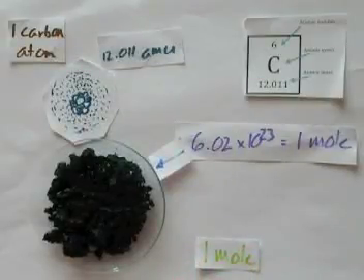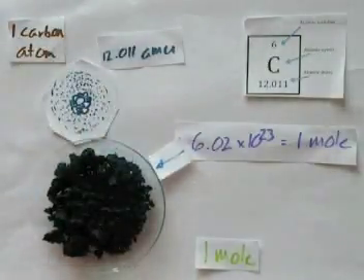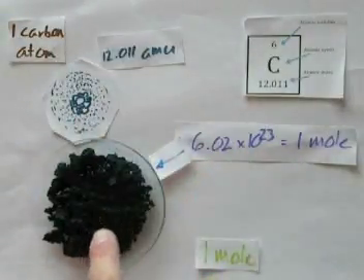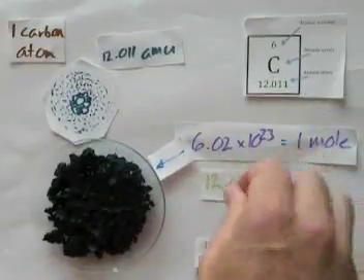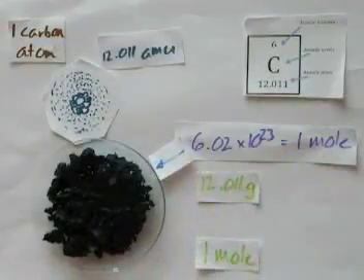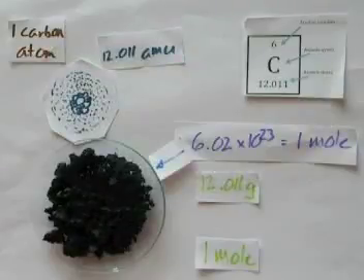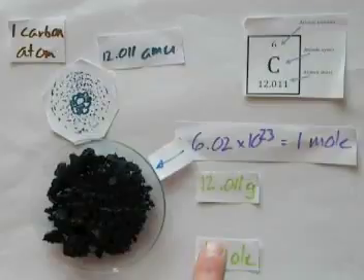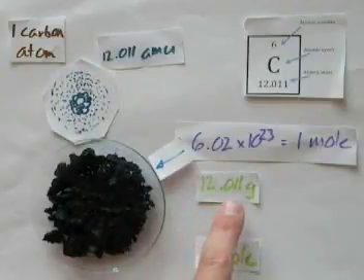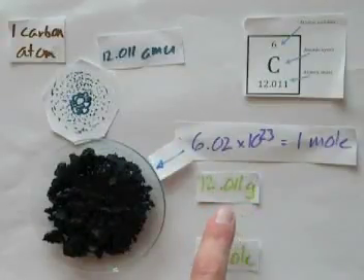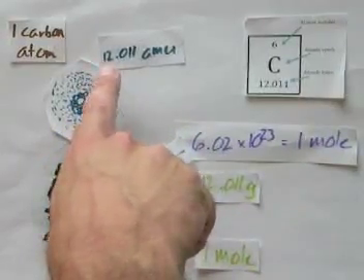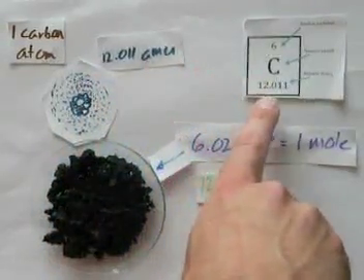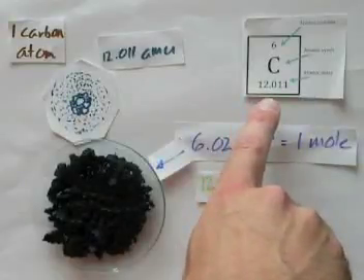Now, it turns out that 6.02 times 10 to the 23rd carbon atoms, like I have right here, has a mass of 12.011 grams. Now, that should strike you. Why? Well, because the numerical value that you see here, 12.011 grams, is the same numerical value as what's up here, 12.011, which is the same as the numerical value we see on the periodic table, 12.011.